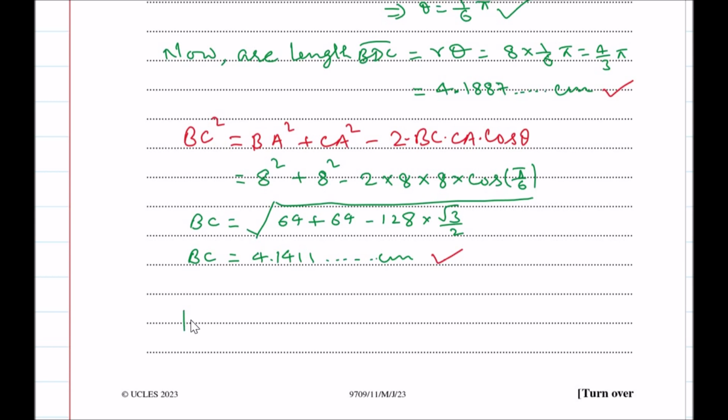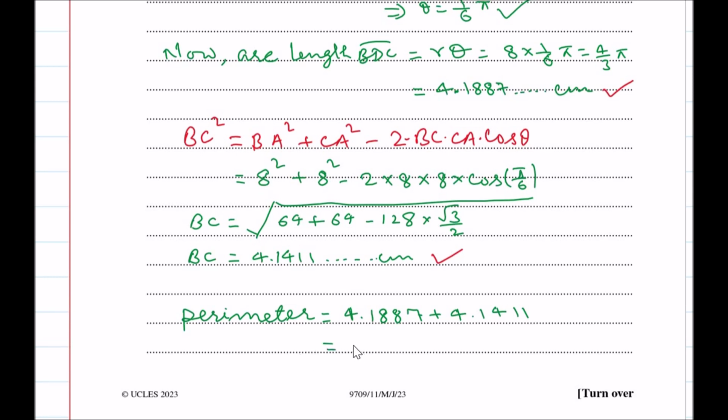So perimeter is equal to 4.1887 plus 4.1411.